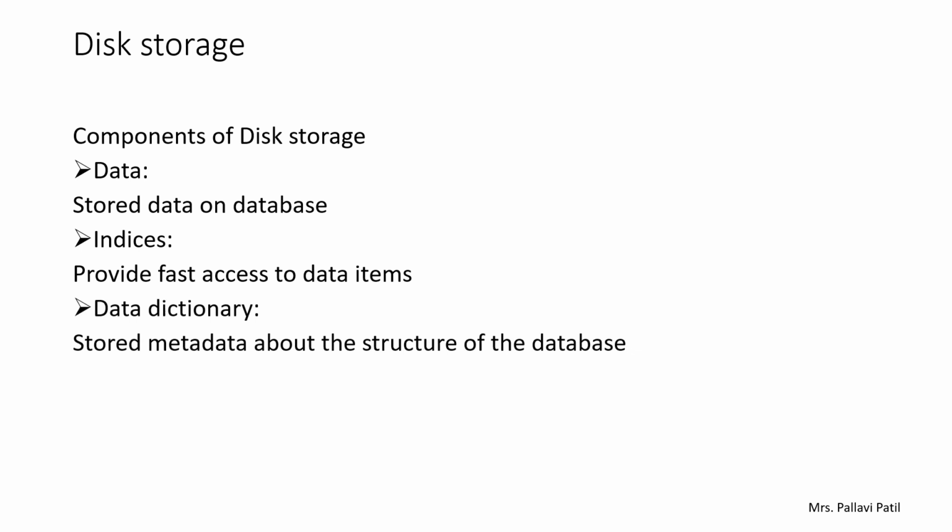After that, the data dictionary, which stores metadata about the structure of the database. Metadata here means the data about the data. So the meaning or explanation of the stored data is stored in the data dictionary.